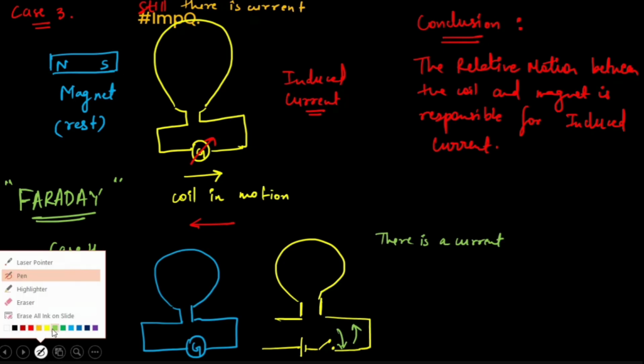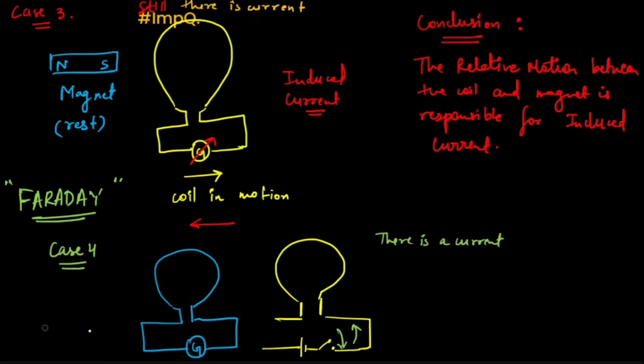So what he saw there is that when he turned on the switch in the second coil, let me call it the B coil and let me call the other the A coil.